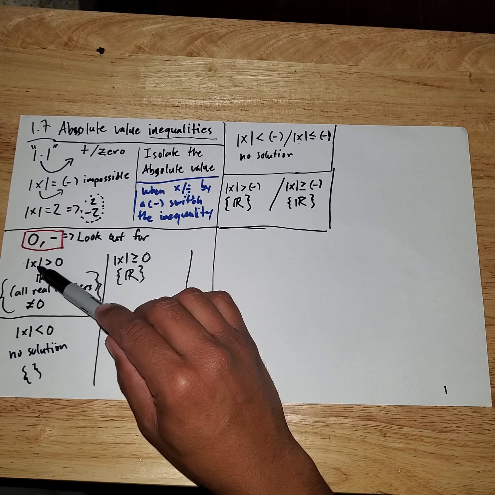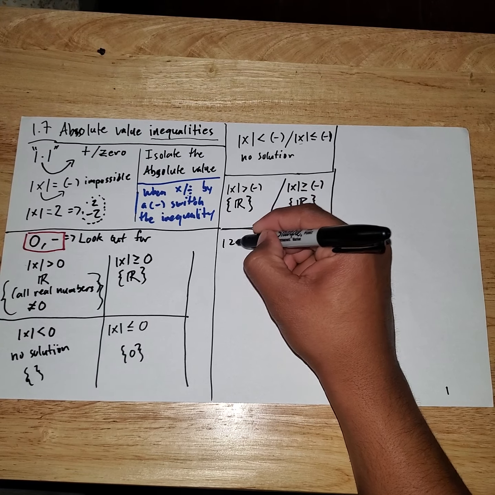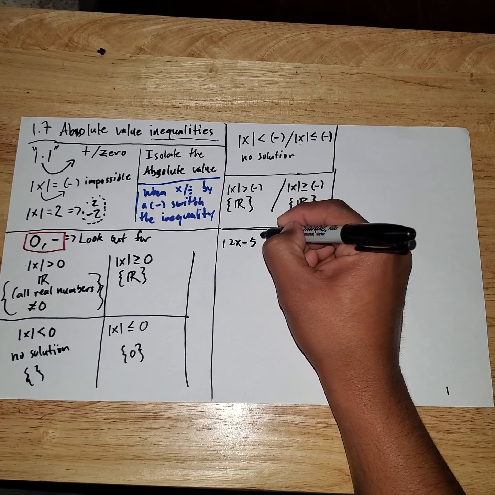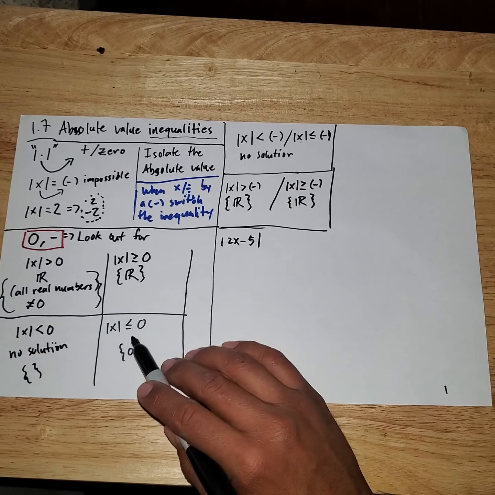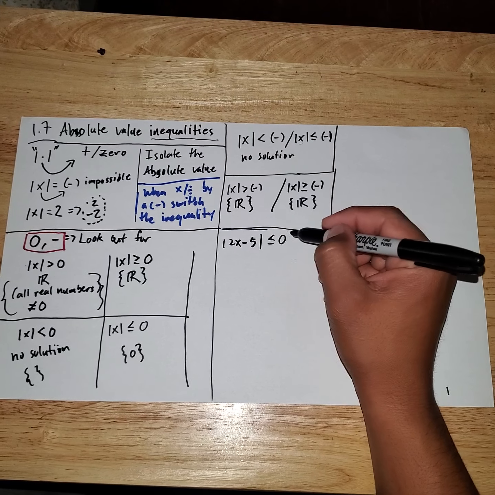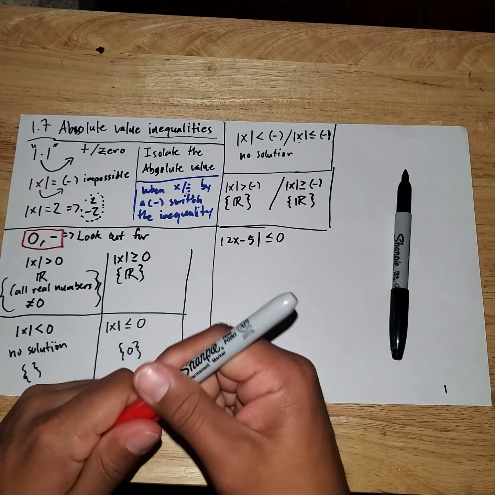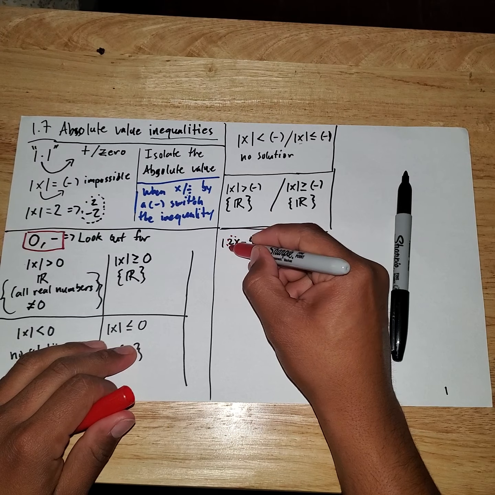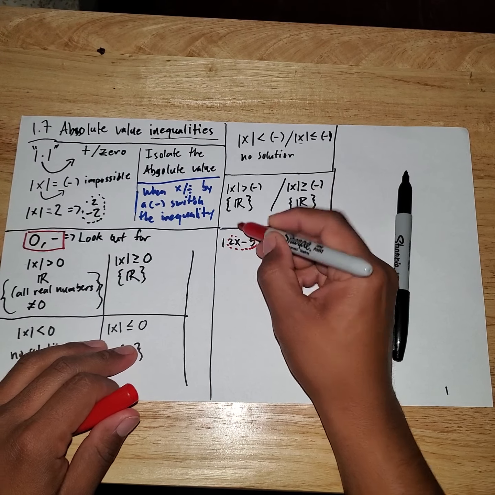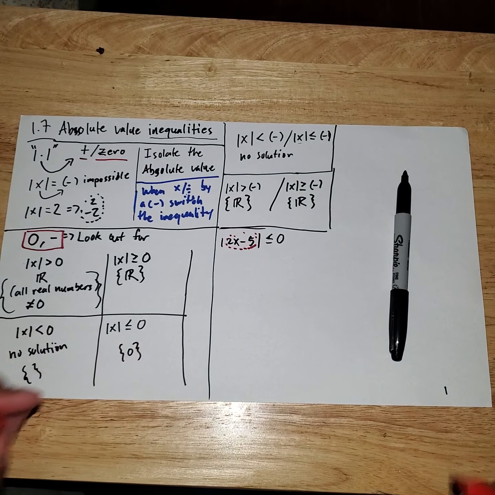And it doesn't matter what's in here. Because you can have the absolute value of 2x minus 5, less than or equal to 0. It doesn't matter that there's all this going on inside the absolute value, because we already know it's either going to be a positive or 0 that comes out of it.